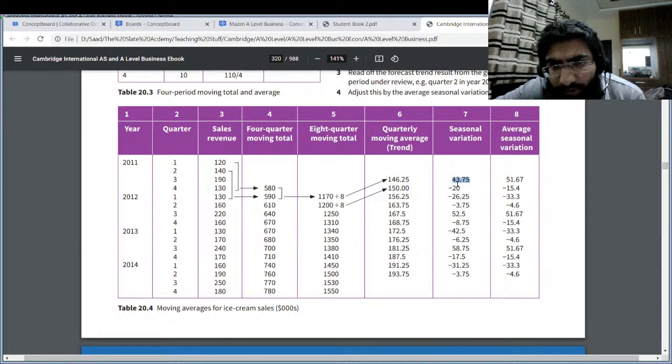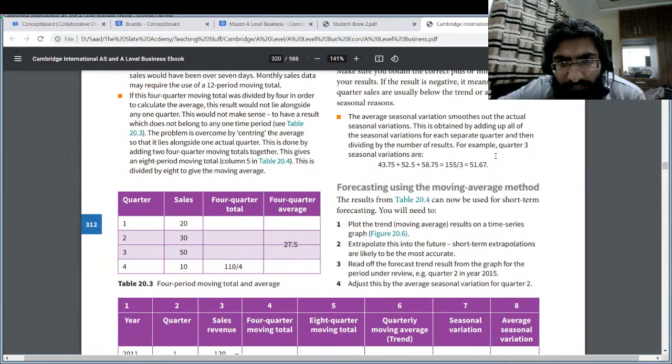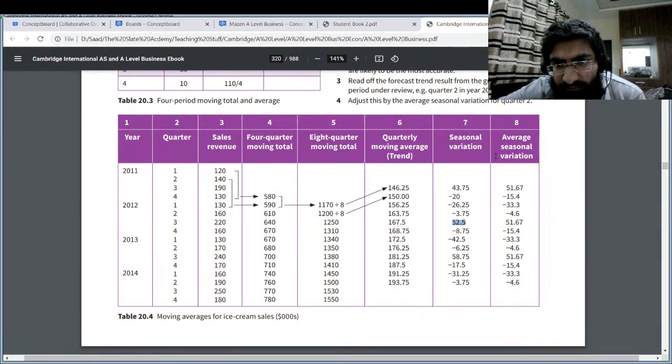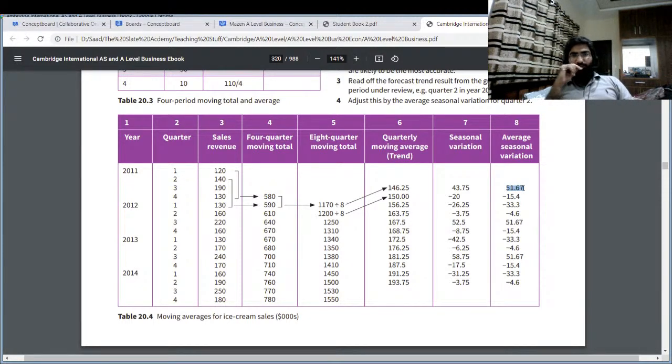So do an average: 43.75 plus 52.5 plus 58.75, that's 155, and divided by 3, 51.67. So in quarter 3, the average variation is 51.67.